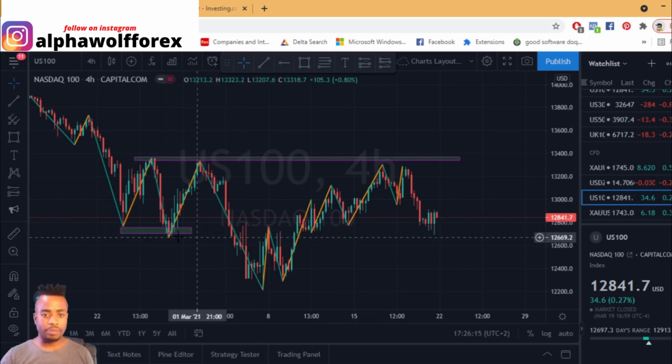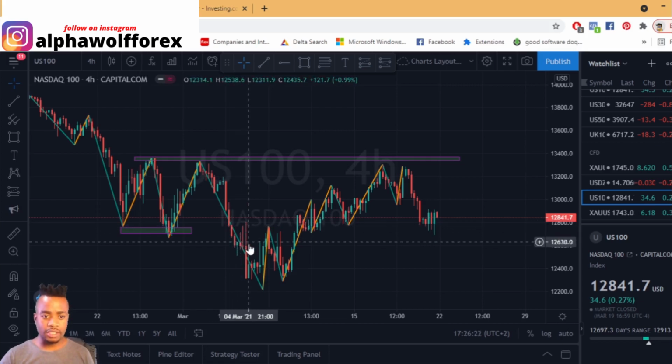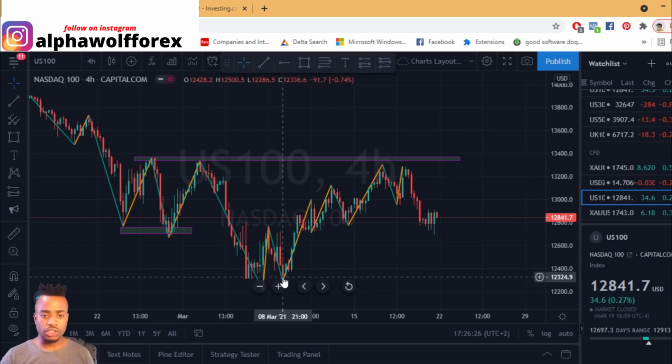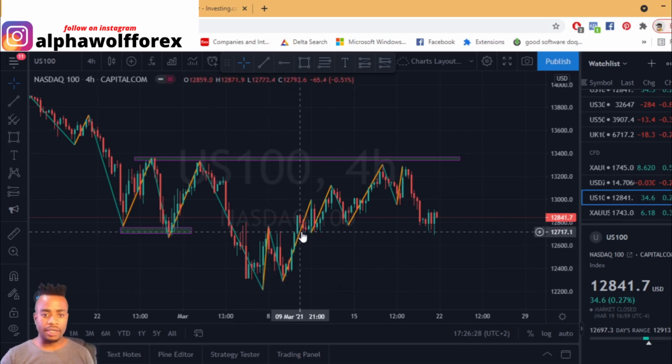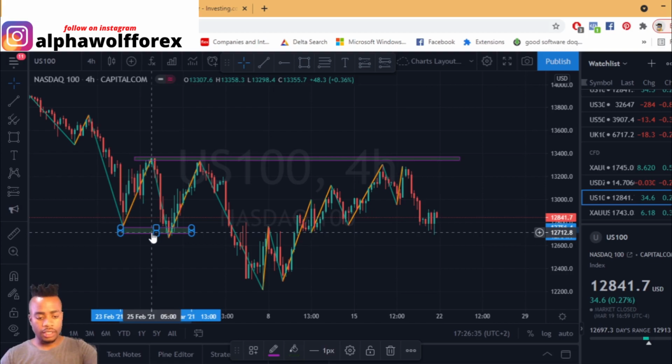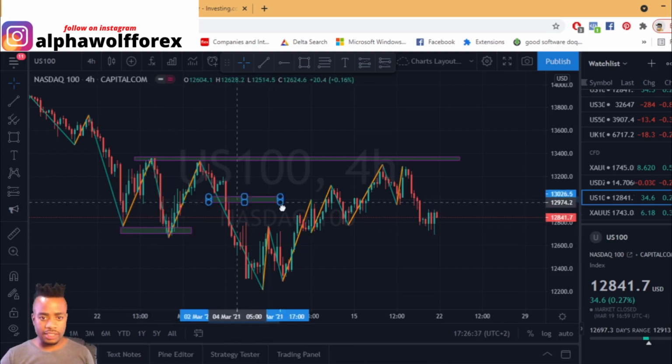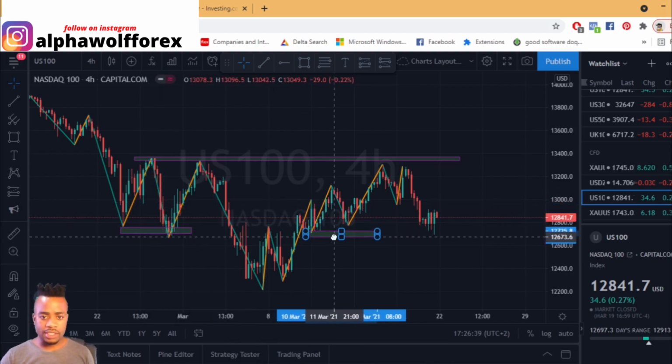This support zone was broken on this level, but it acted as a resistance. You see, it was broken. The market tried to push up to the resistance, formed another support here, and then it pushed. And what happened? It broke it, and this previous resistance became support. This previous resistance became support again.